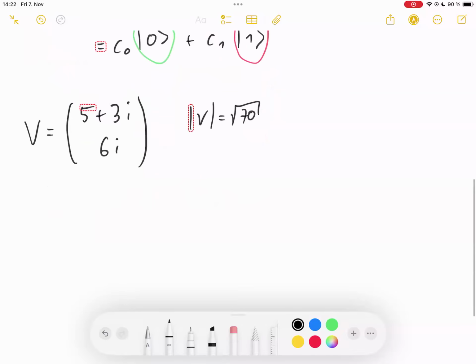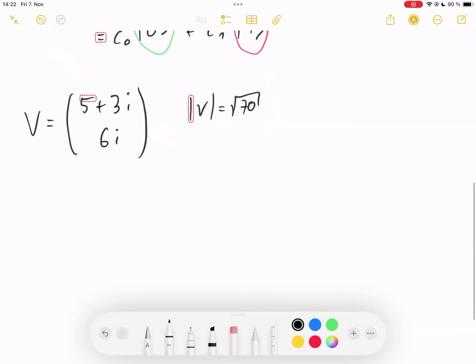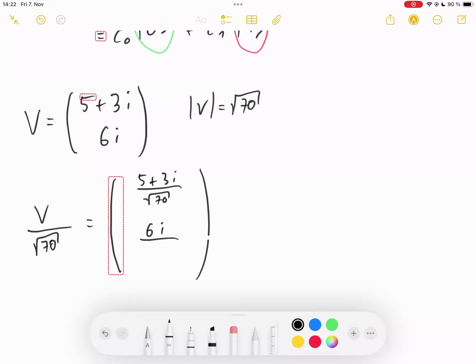We won't do this now again, you've seen this plenty of times. So we can normalize V. We divide V by its norm. And that would mean that the first entry gets divided by the normalizer, so divided by the square root of 70. And the next entry as well.